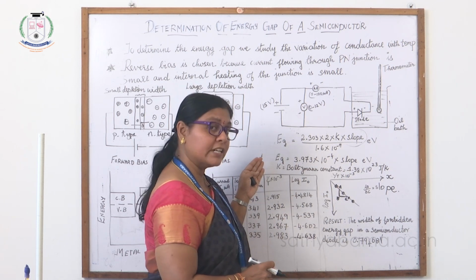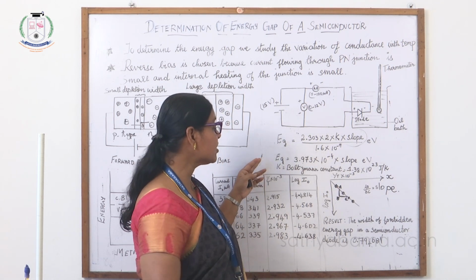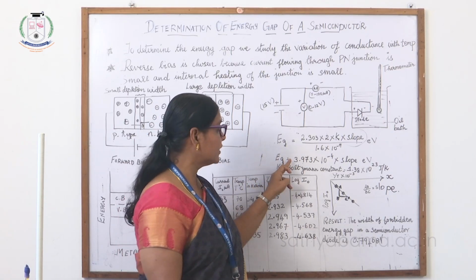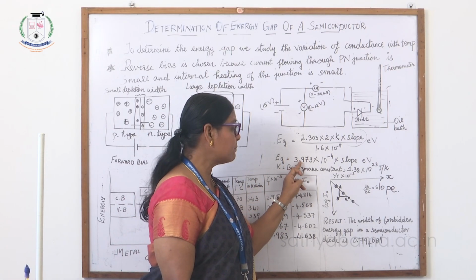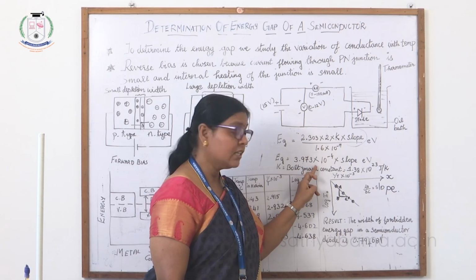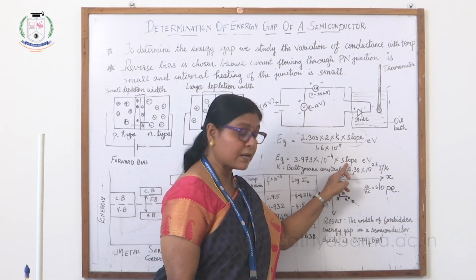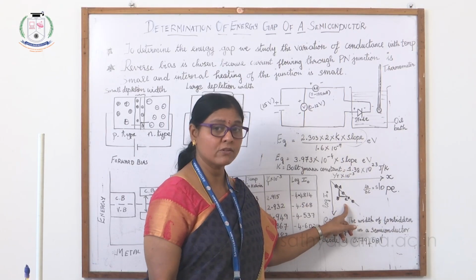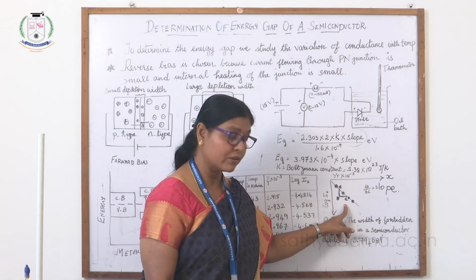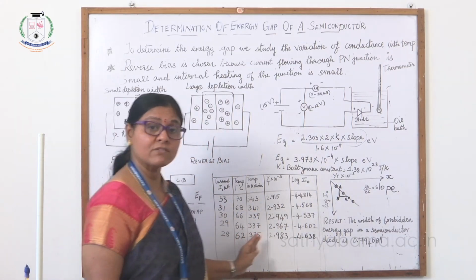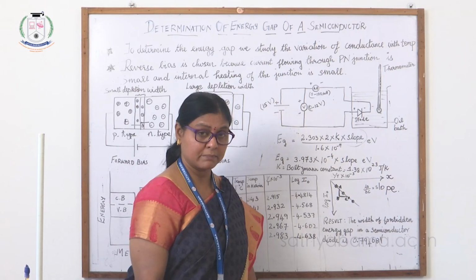So you have already calculated the energy gap or the band gap E suffix G, that is equal to 3.973 into 10 power minus 4 multiplied with the slope that you have calculated from your graph, which you have plotted making use of the readings you have taken from your experiment.